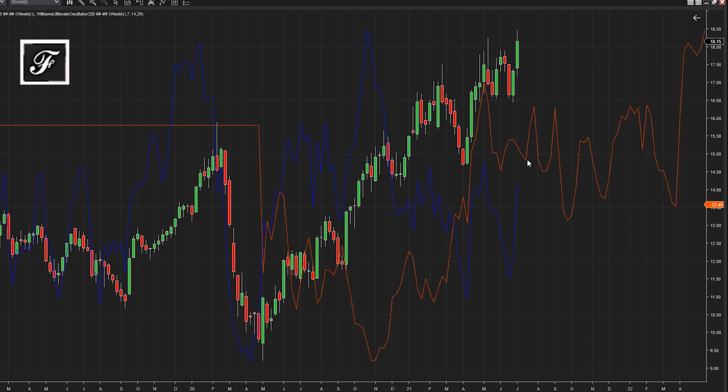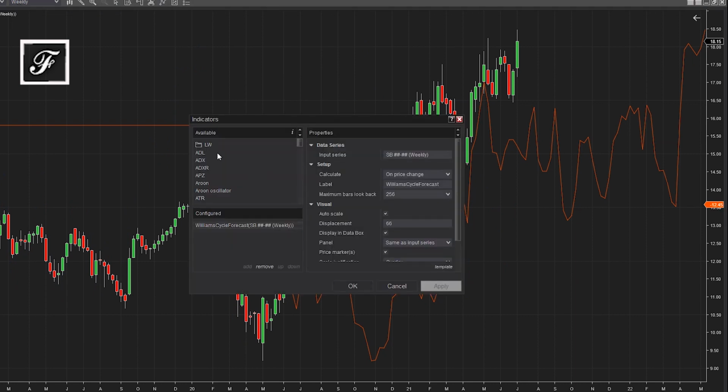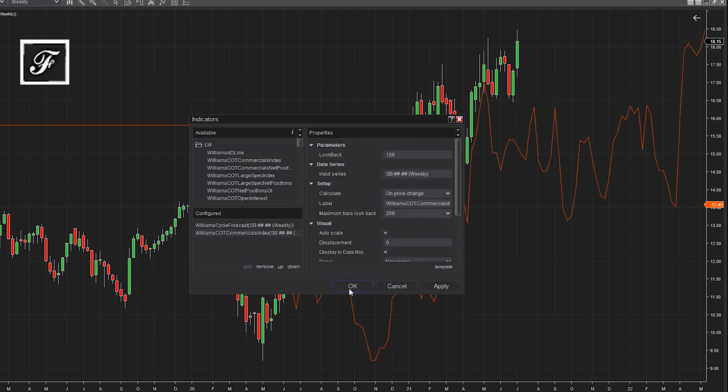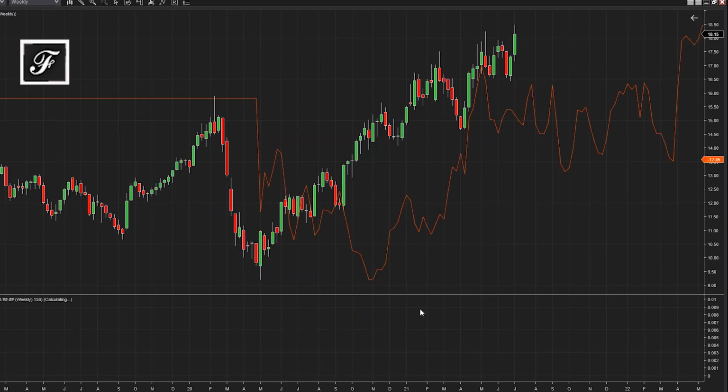Cycles are somewhat negative, very, very short term, like for the next week or maybe 2. But as I said, it's not the reason to go short. We need something else to confirm this guessing, because at the moment it's just a guess. So here we go, our commercial index, which is neutral at the moment.